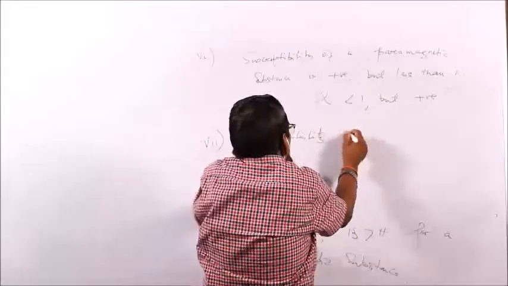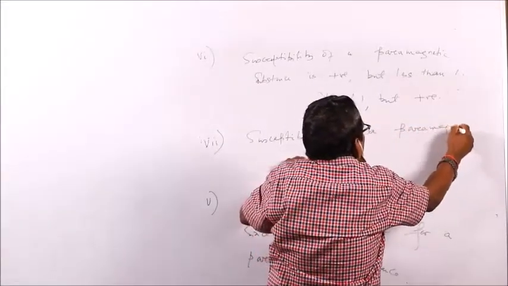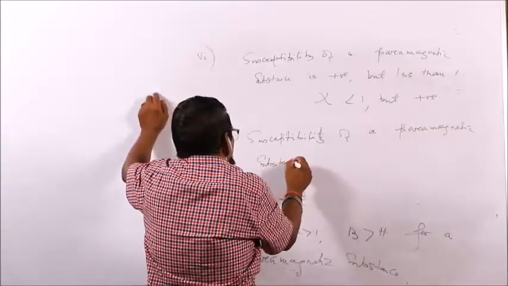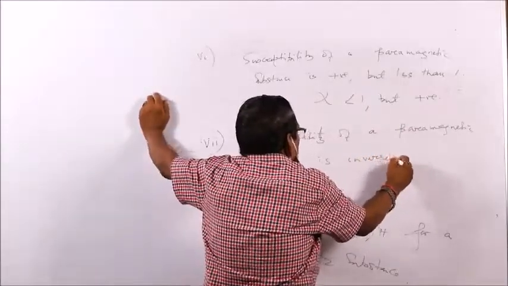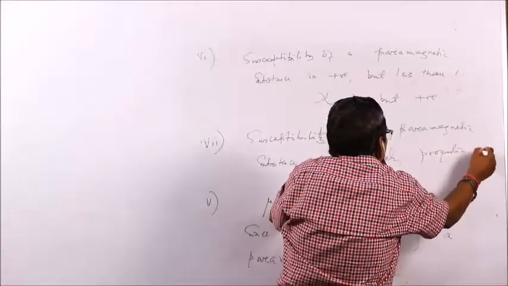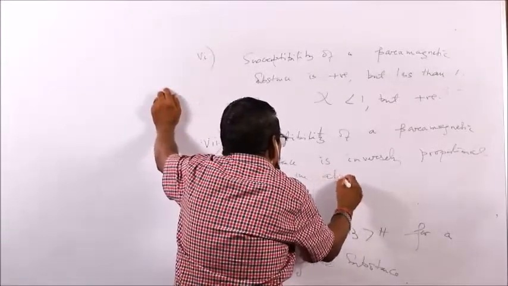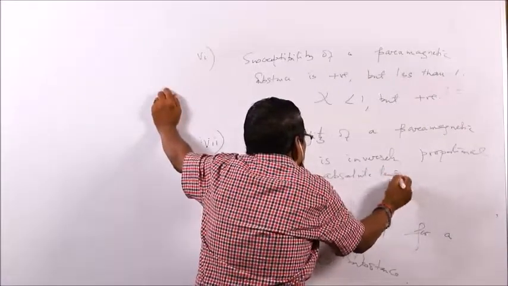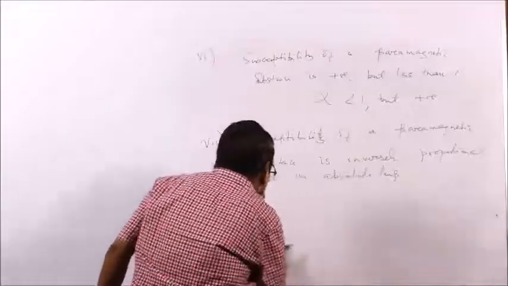Susceptibility of a paramagnetic substance is inversely proportional to the absolute temperature. This is a very important property.